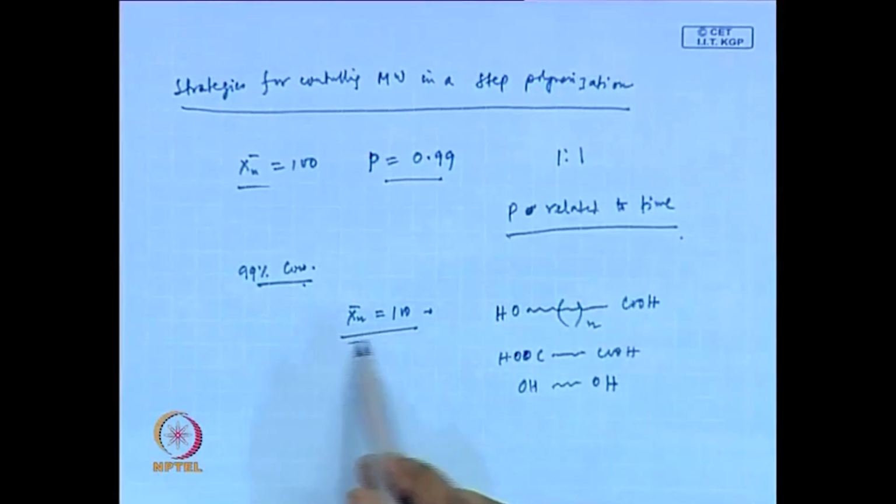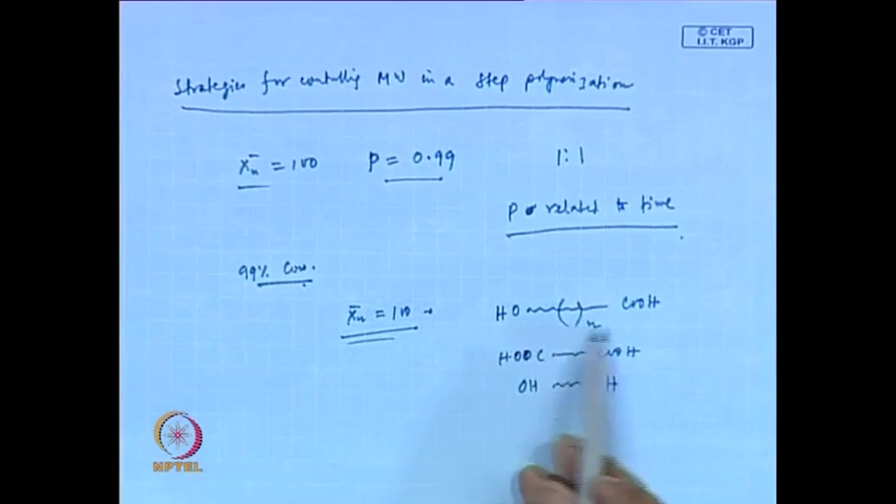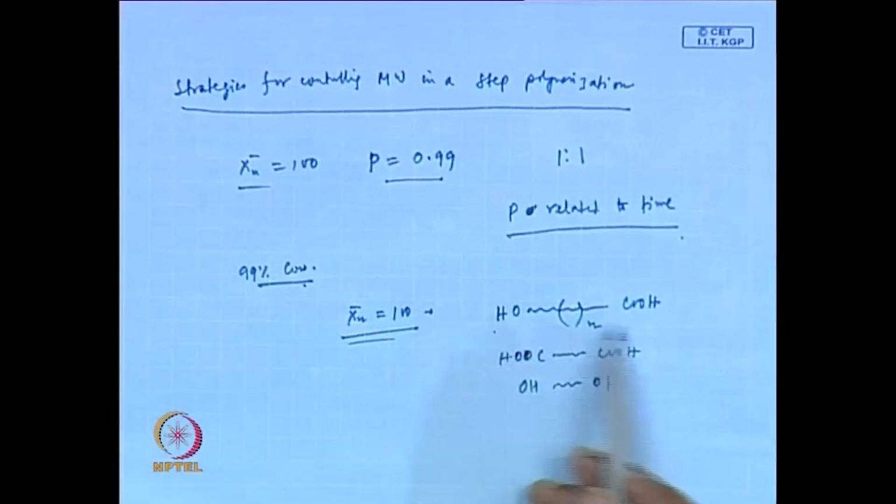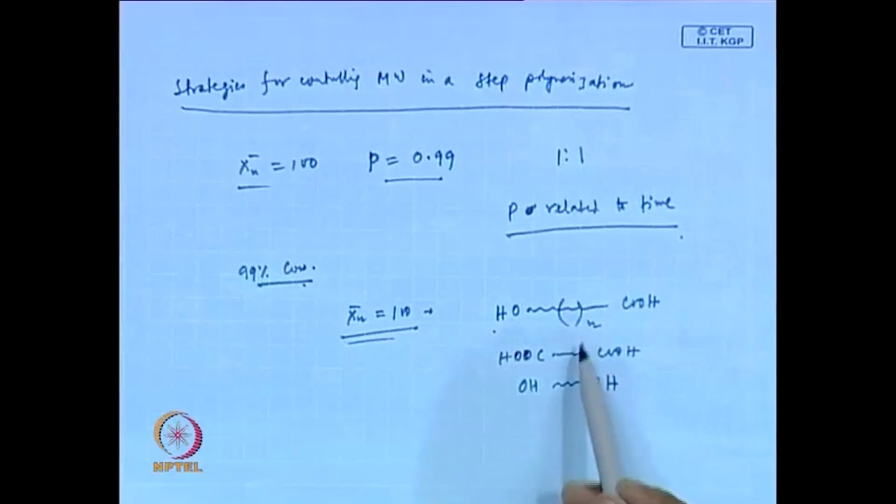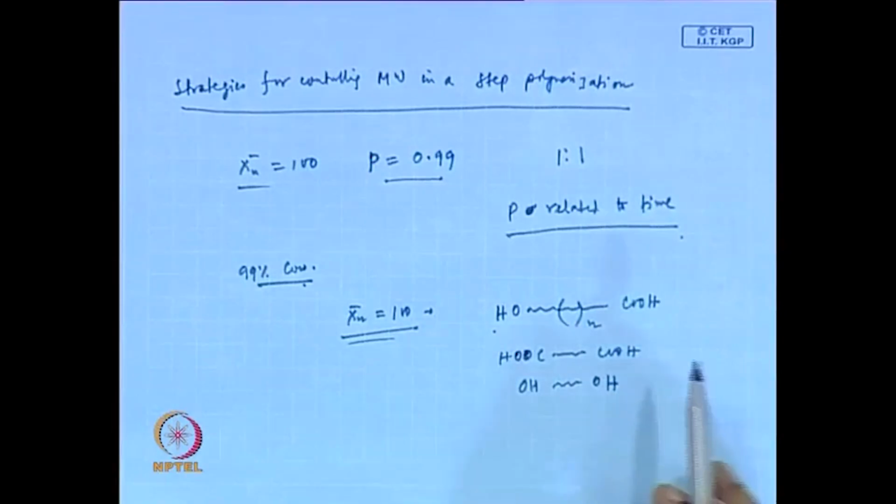So, at the level of a degree of polymerization of 100, what do you have in this reaction medium? You have the hydroxy acids, which correspond to some size, and you will also have some unreacted monomers as well.